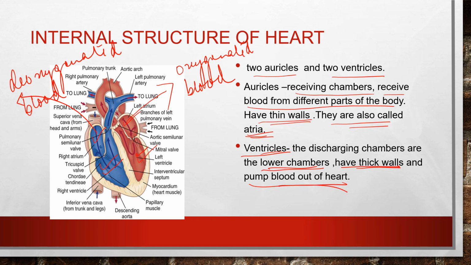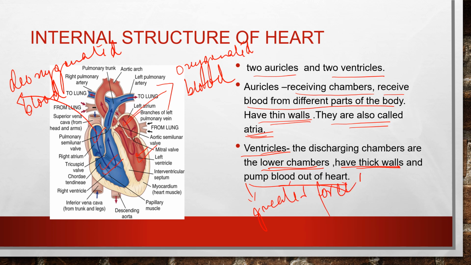Now why do these ventricles have thicker walls than the auricles? You may get this question, because the auricles also have blood and the ventricles also have blood. It is because the auricles are receiving chambers and the ventricles are pumping blood out of the heart. With greater pressure and greater force applied here, the muscles need to be thicker.